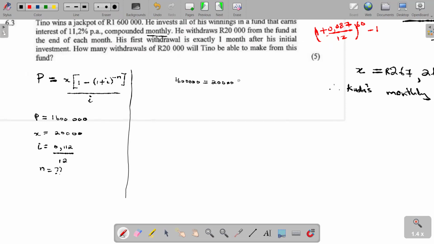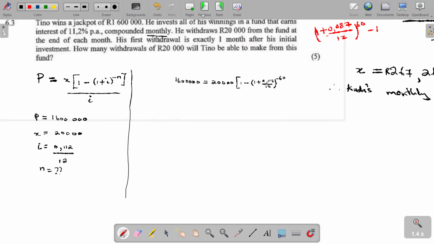Then it's 1 minus bracket 1 plus our i, which is 0.112 over 12, to the power negative n.